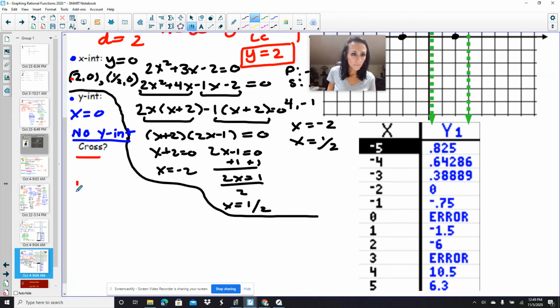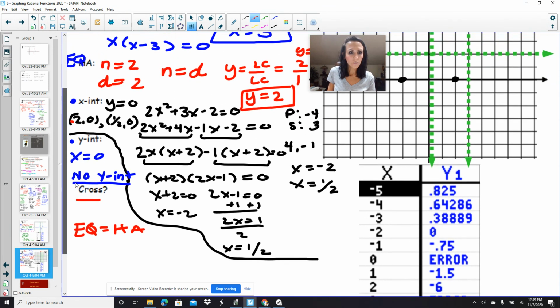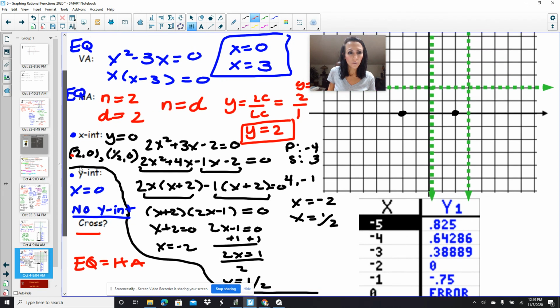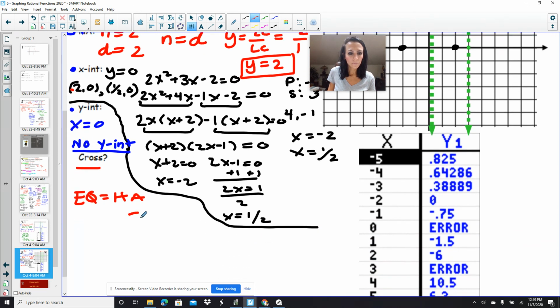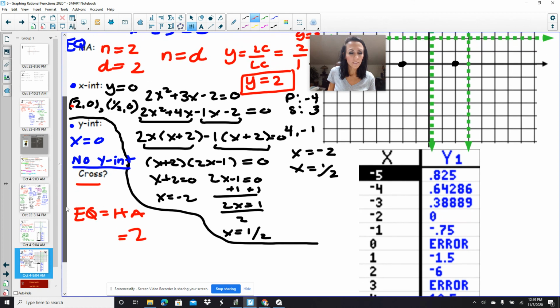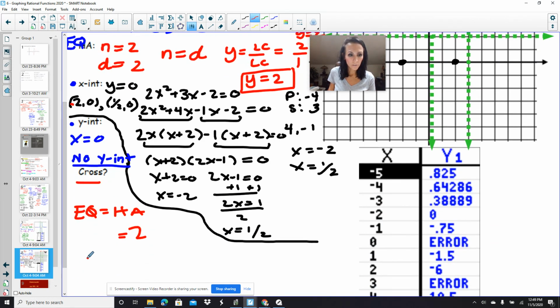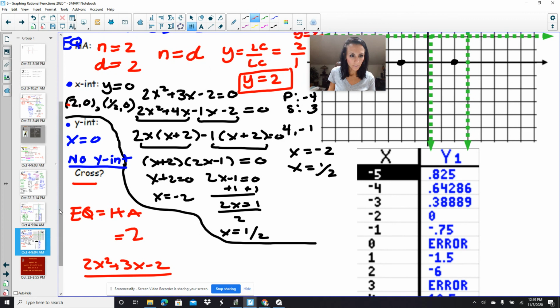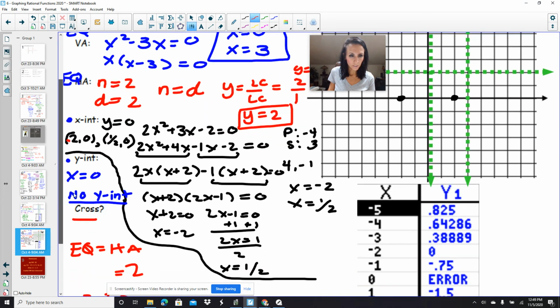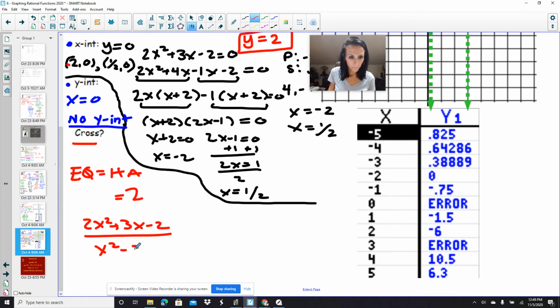All right, let's go down to the cross part. Equation equal to the horizontal asymptote. All right, the horizontal asymptote was 2. And we're going to set our equation equal to that. 2x squared plus 3x minus 2 over, I believe I have to keep scrolling because that's x squared minus 3x equals 2 over 1.